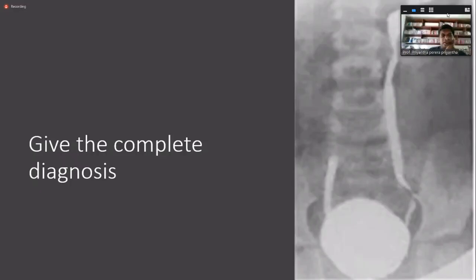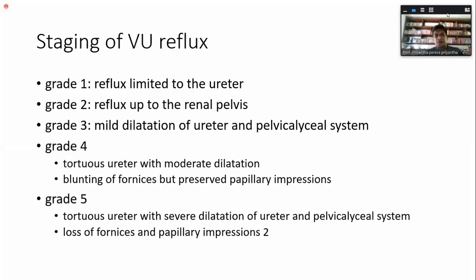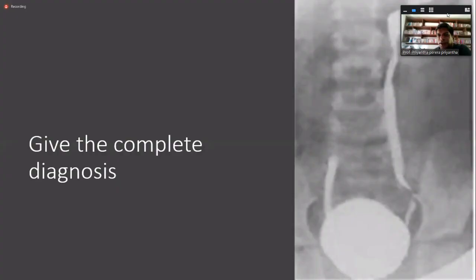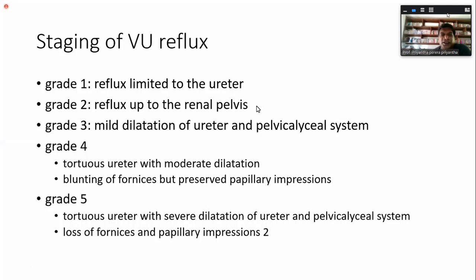So this is the grading system. If the reflux is limited to the ureter, as in the previous one, where the ureter is only dilated a bit, it is stage 1, because reflux limited to the ureter is stage 1.